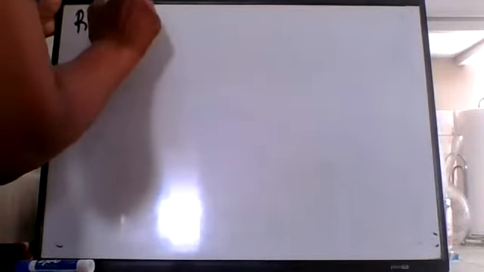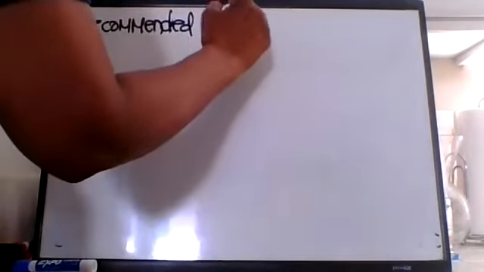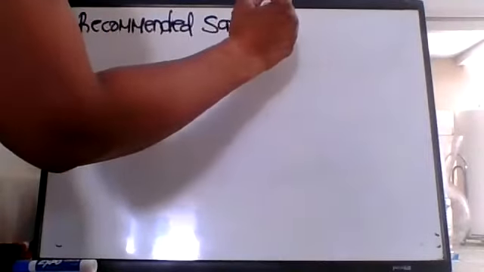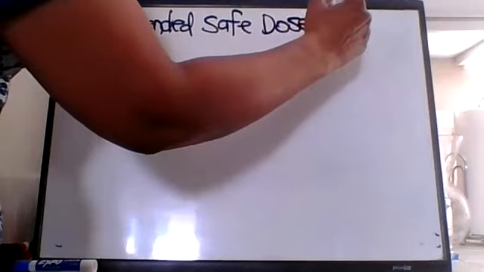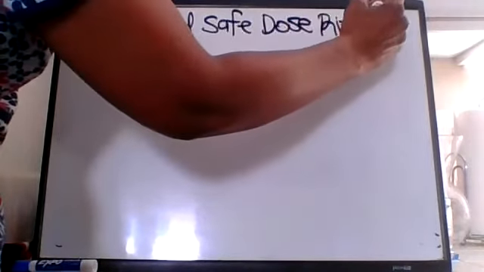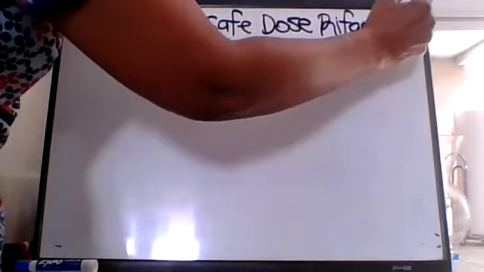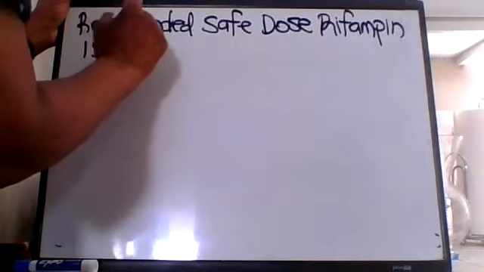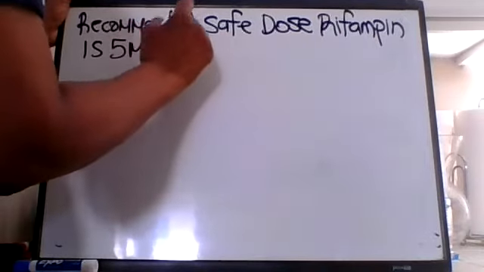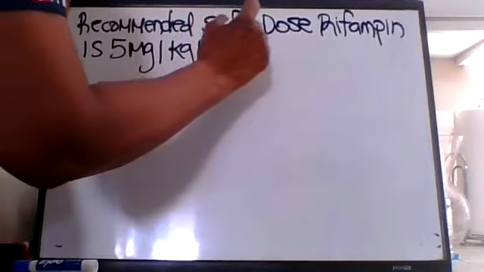The next one is the recommended dose. I'll just write RSFD, recommended safe dose, of rifampin is 5 milligrams per kilogram per dose.